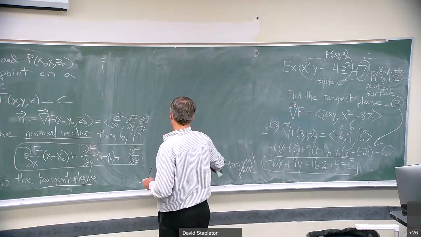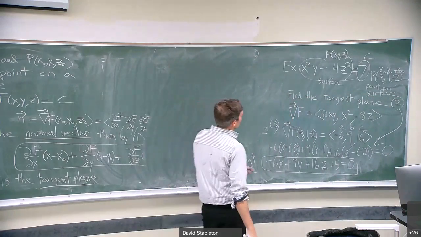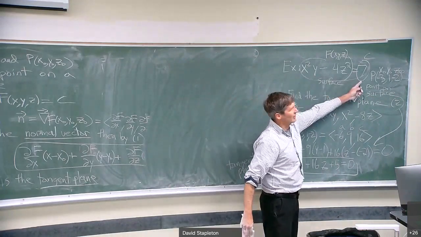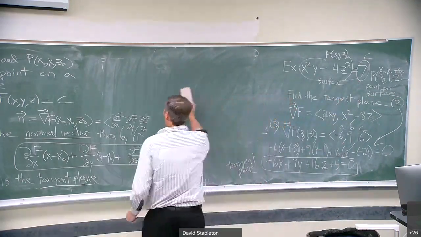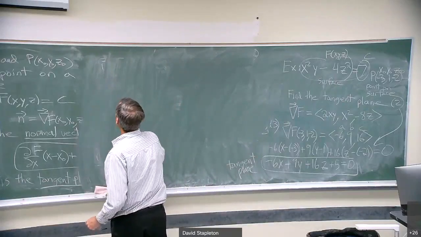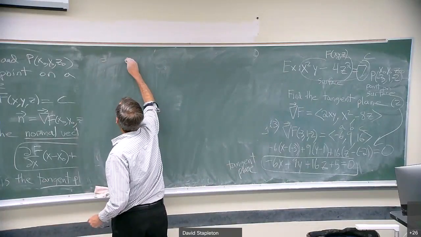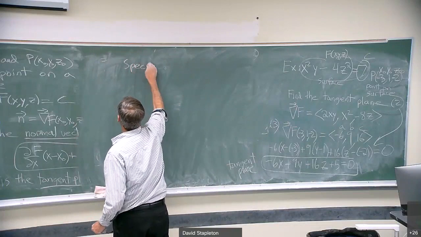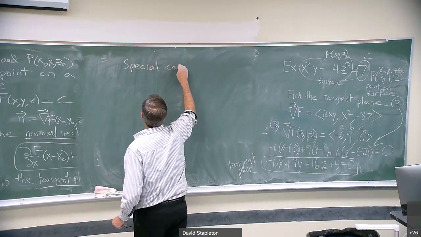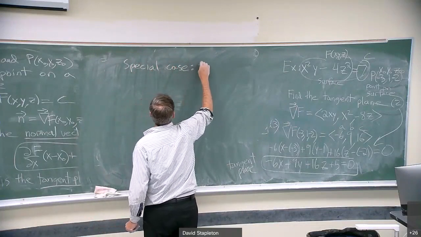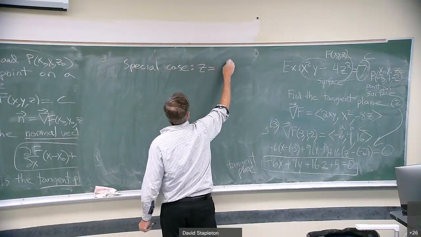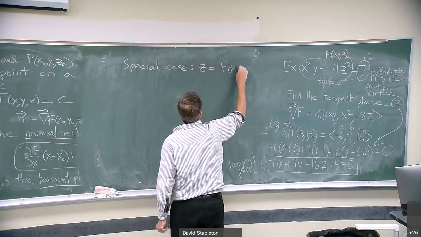The second type is, well, not every surface is given as f of x, y, z equals a constant. What if we have this special case that comes up quite a lot of the time, where we just write z equals f of x, y.